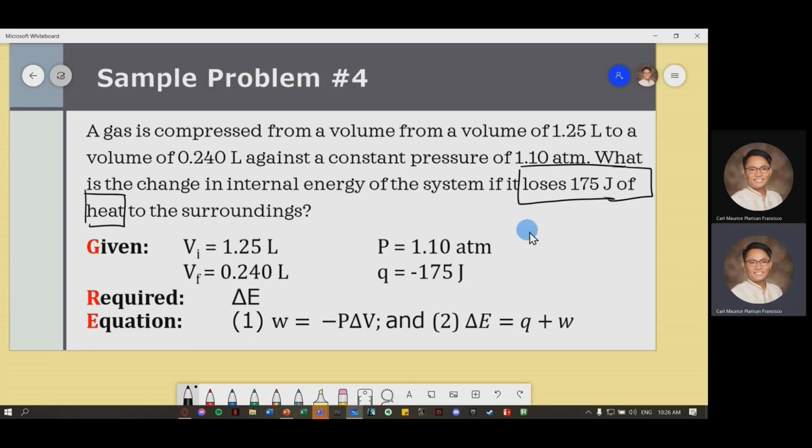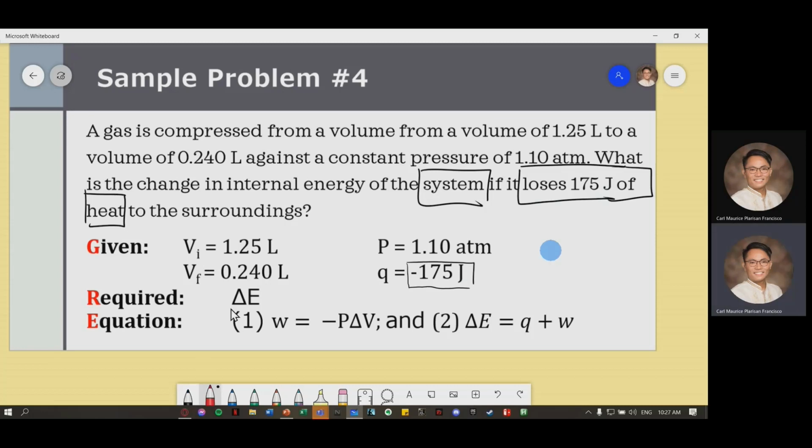And since it mentioned loses, nawalan, exothermic, ang sistema daw ay nawalan o nag-release, nag-lose ng energy. So according to sign convention, whenever the system exothermically reacted or nawalan, nag-lose ng heat, it will be negative. Ayan, negative 175 instead of only 175. Sign convention, merong heat.